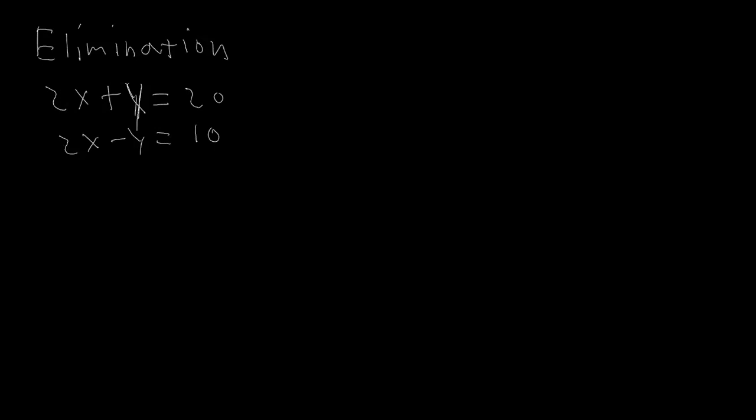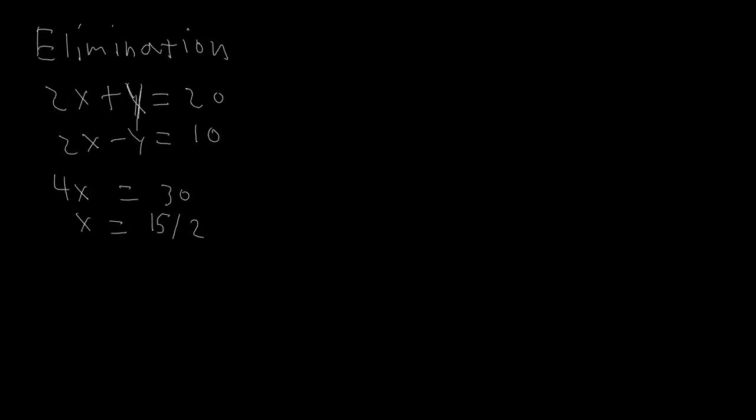But that's good because we already have one variable that can cancel out. So when we add all the variables, we get 4x is equal to 20 plus 10 is equal to 30. Now we get x is equal to 15 over 2, right?